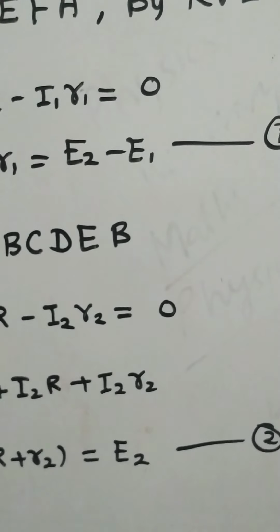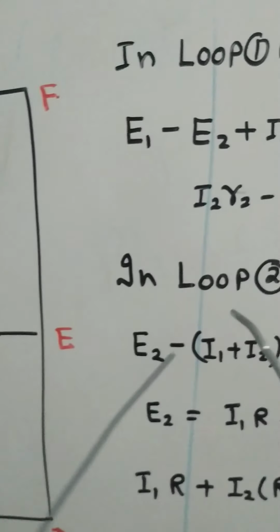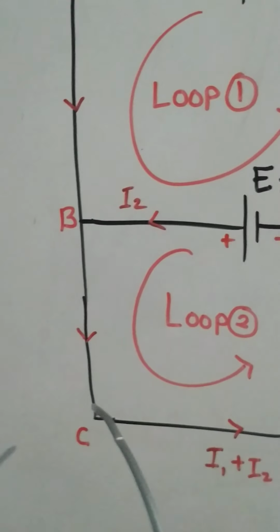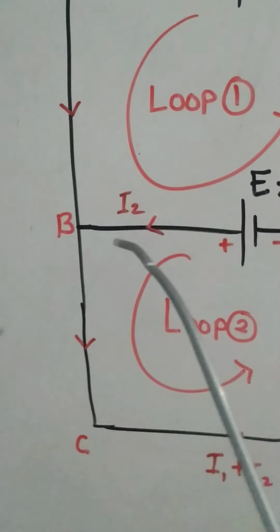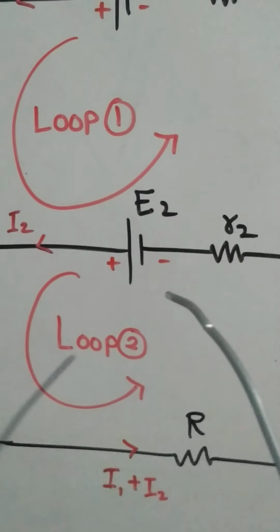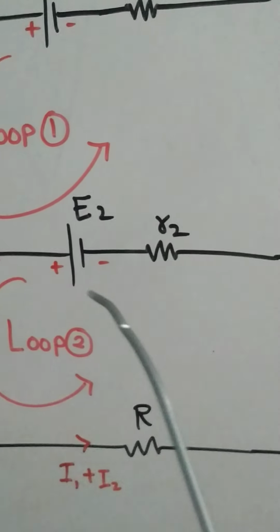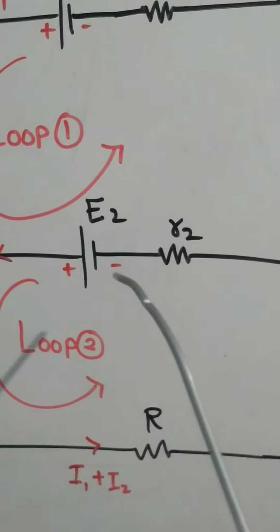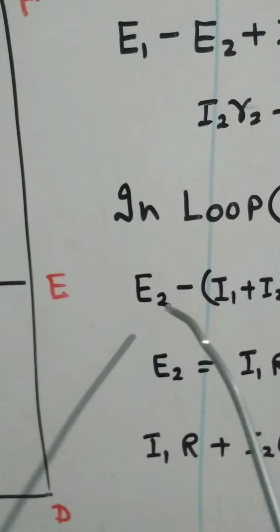It is equation 1. Loop 2 is B, C, D, E, B: B to C, C to D, D to E, E to B. In this loop only one EMF source is there, and when we traverse from E to F in the anti-clockwise direction, we traverse from negative to positive terminal of the cell, hence E2 is taken positive.